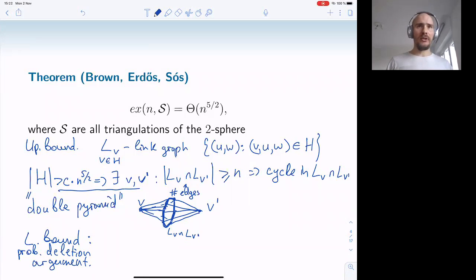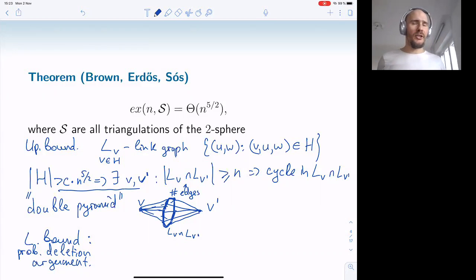Then you look at the expected number of triangulations of all sorts of the sphere in this thing, and you'll find that the expected number is relatively small, smaller than the number of edges. Then you just delete one edge from each such triangulation, and you get a new hypergraph with roughly the same number of edges, but with no triangulations of the sphere.